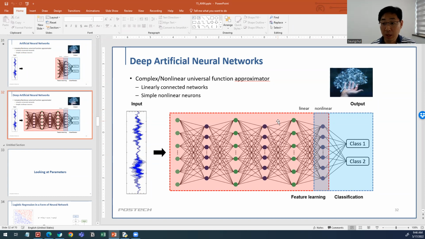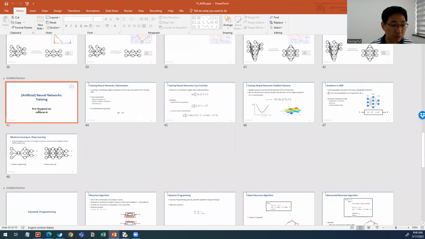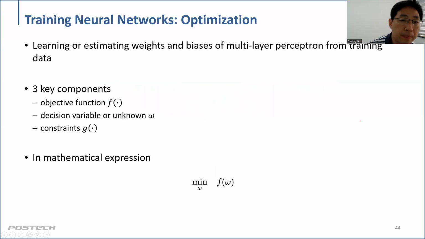I never explained it, so now it's the right time to talk about how to find omegas and biases. Those are going to be the main topics for today. So it's training: find omegas and B's.